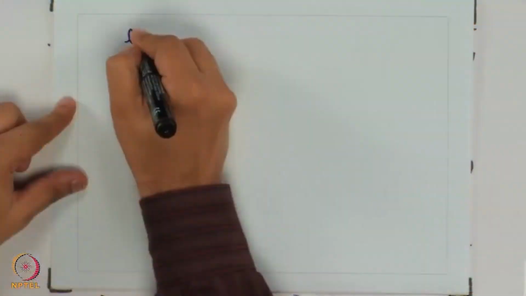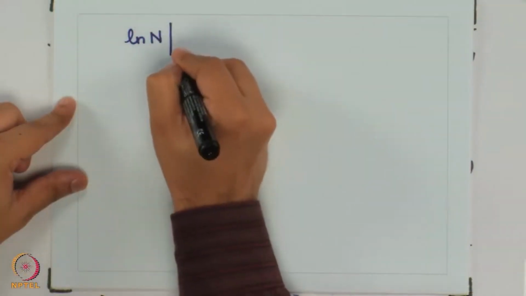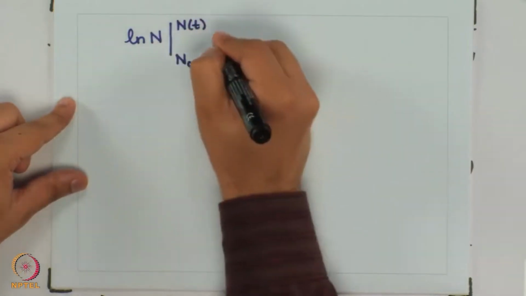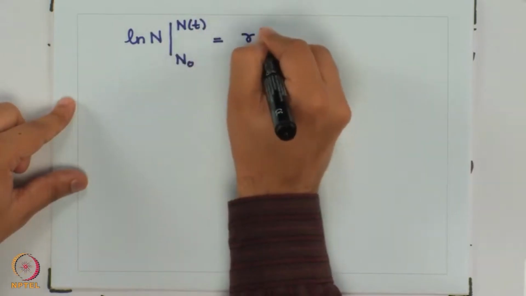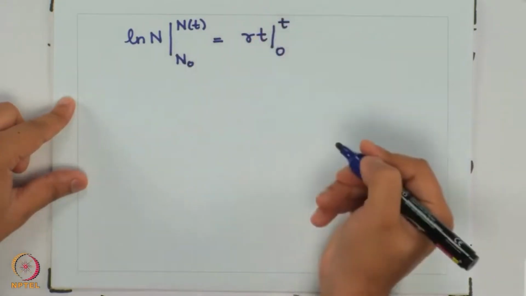is ln of n, with limits n naught at t equal to 0 and nt at t equal to t, equal to r times t, from t equal to 0 to t equal to t.